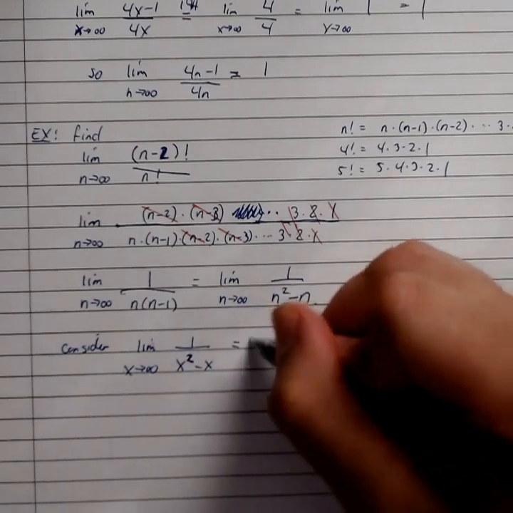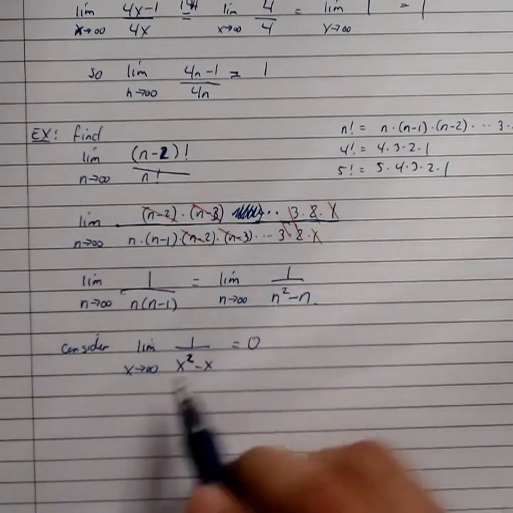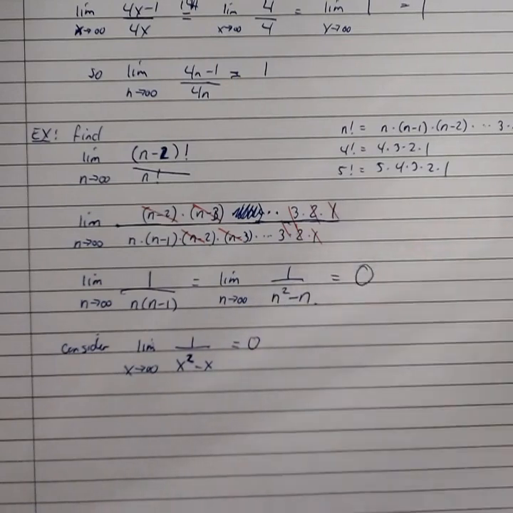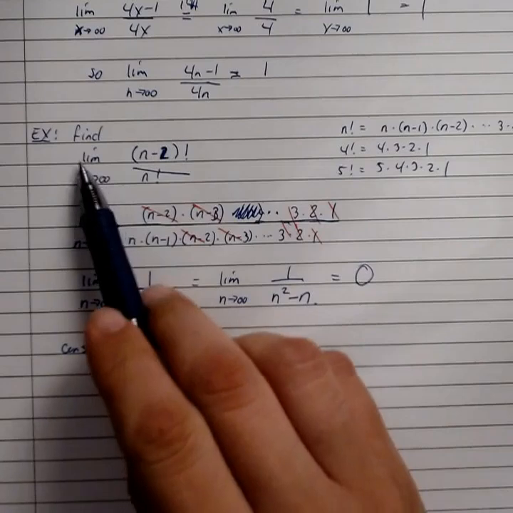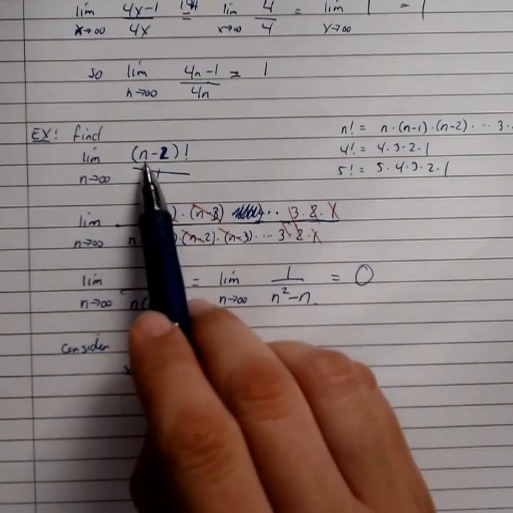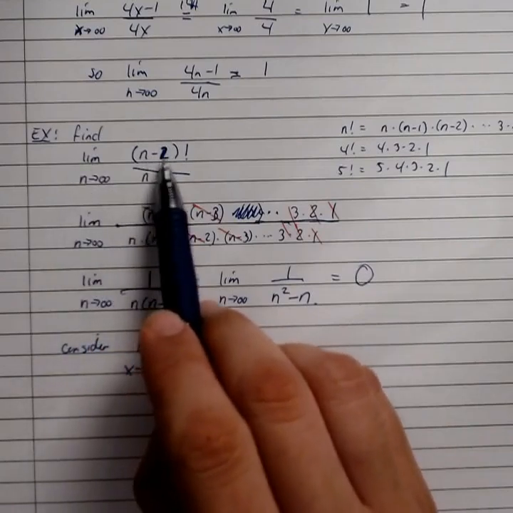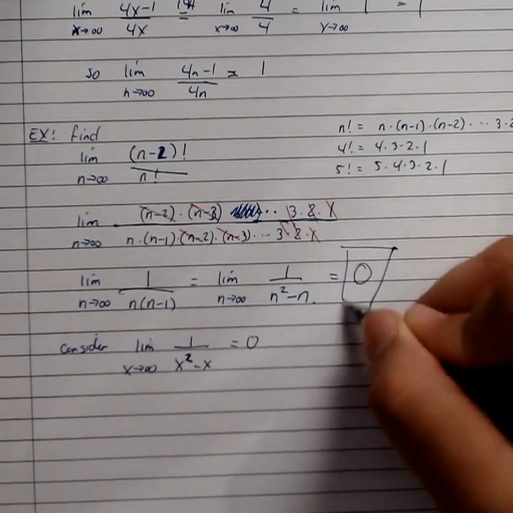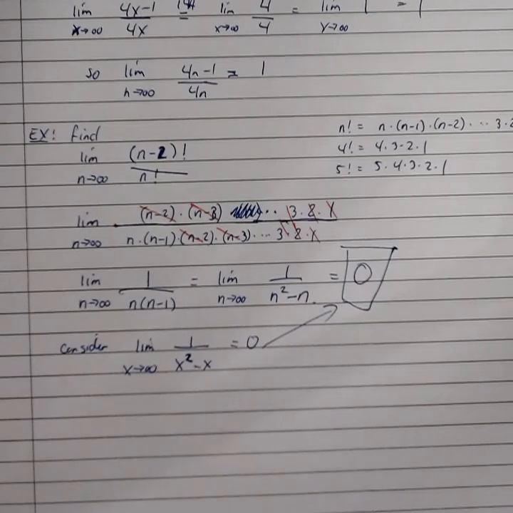So here, this will converge to 0. But since this is the continuous version of this, that means that this limit will also converge to 0. So here, our limit as n approaches infinity of n minus 2 factorial over n factorial gives us 0.